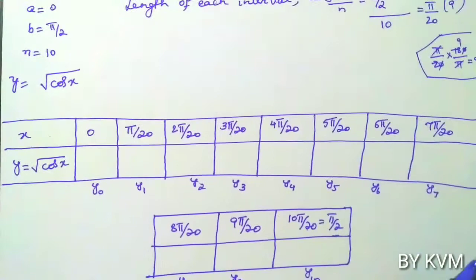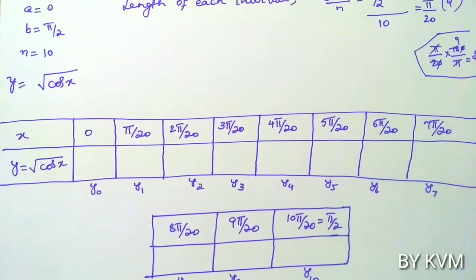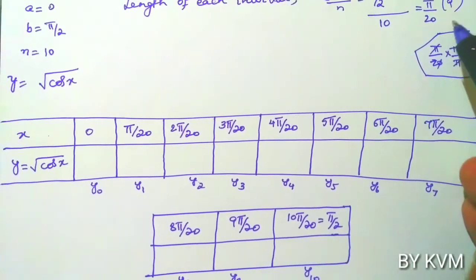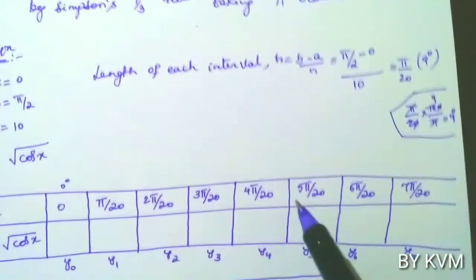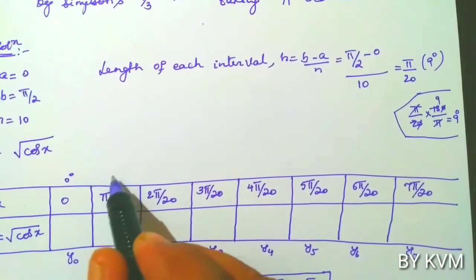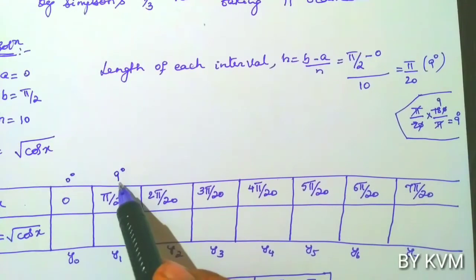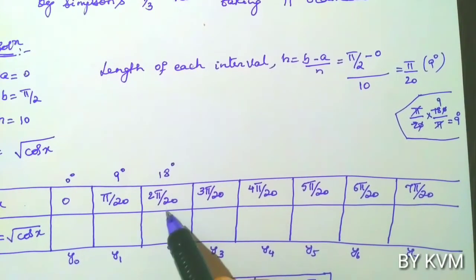Here we have taken x values in terms of radians. We can also take them in terms of degrees. That is 0 degree. If you convert pi by 20 into degrees, we get 9 degrees. So 0 plus 9 is 9 degrees, 9 plus 9 is 18 degrees, which means 2 pi by 20.